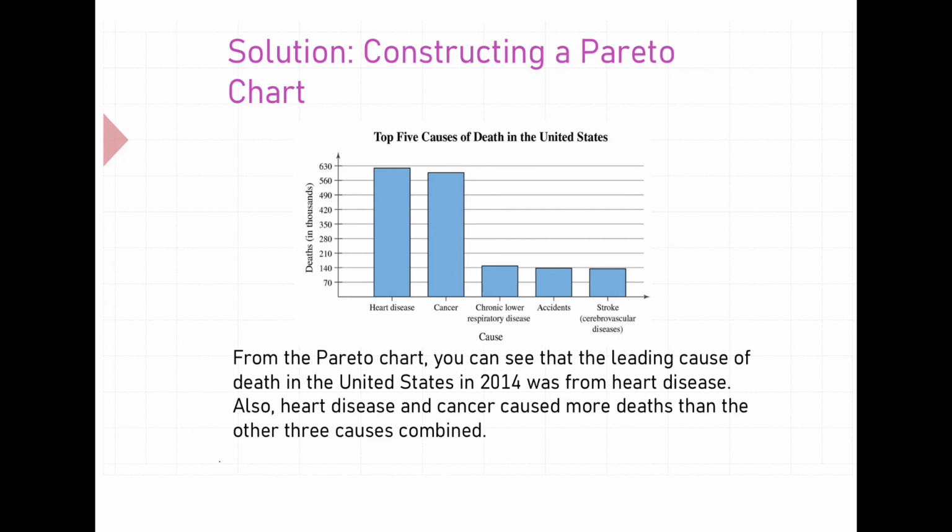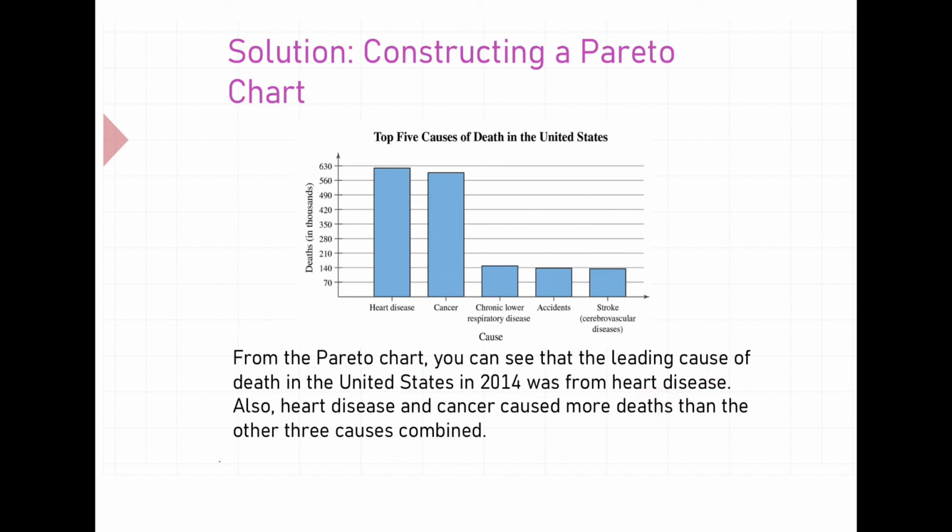So here we see another example of heart disease, cancer. These are the top 5 causes of death in the United States. Respiratory disease, accident, stroke. And so from this, we can easily see that the leading cause of death was heart disease. And this is deaths in the thousands. Of course, if this was last year, coronavirus would maybe have competed with either of these as the top killer.